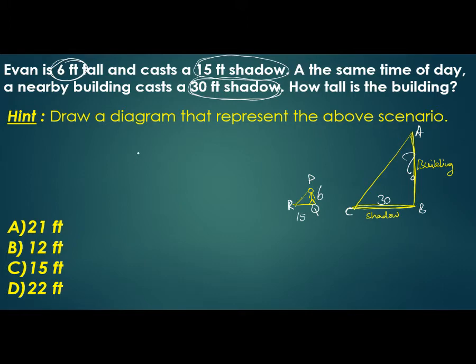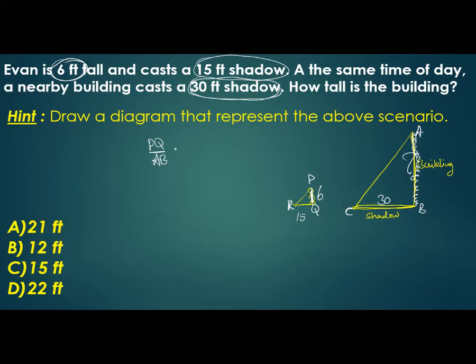If I'm trying to set up a proportionality, you can take the numerator from either the small triangle side or the large triangle side. For example, if I'm taking PQ, the small triangle side, and this is the vertical line, so you have to take the vertical line of the large triangle, which is AB.